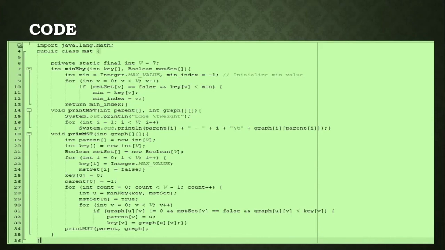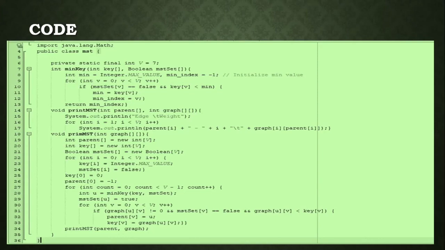As for starting from the root node, we're going to take key 0 equal to 0. That means the root node's weight is always 0 initially, and there is no parent of the root node, so we take parent 0 equal to -1. Then we're going to count from 0 to V minus 1.